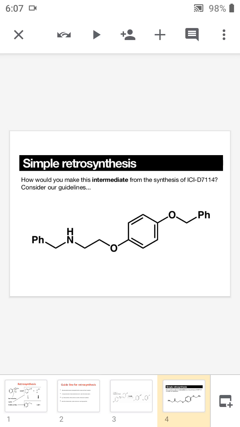One more point is that if you are disconnecting the oxygen, the ether group is a least reactive group compared to the amine group. That's why according to this instruction, we have to disconnect the more reactive functional group first. So the amine is the most reactive group. That's why we have to disconnect the amine first. After that, we have to disconnect the ether group.